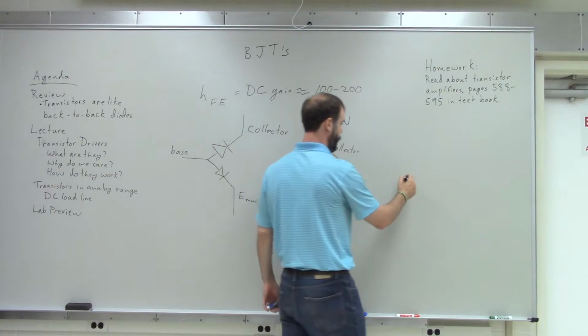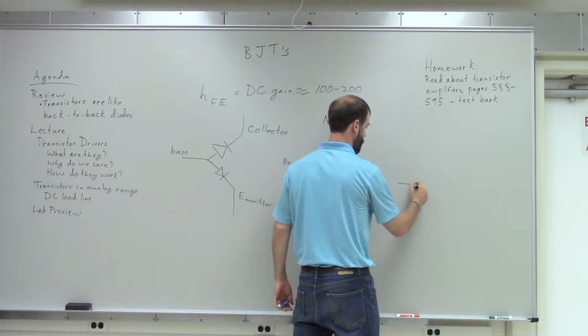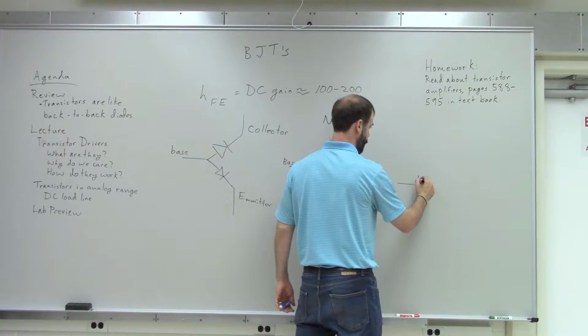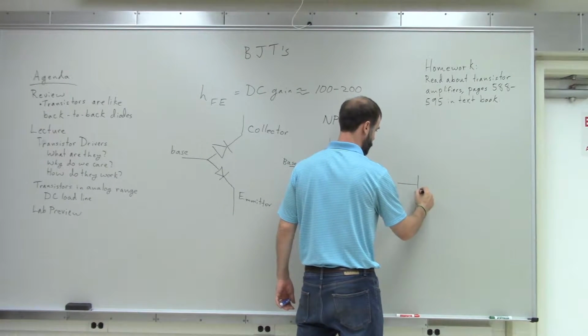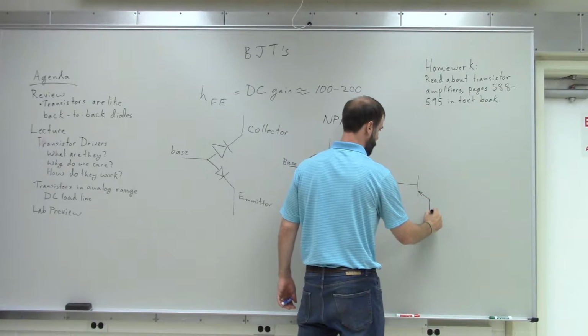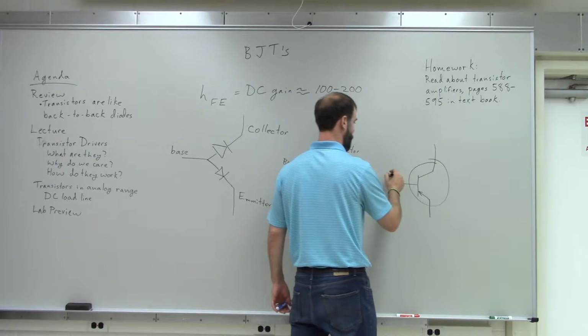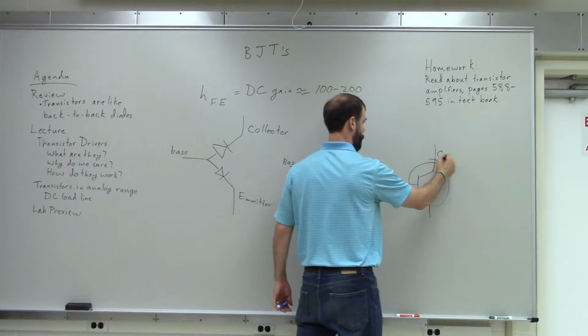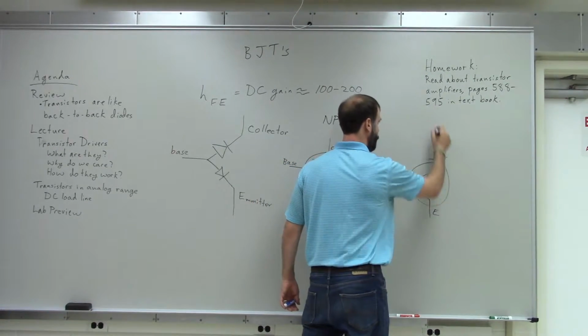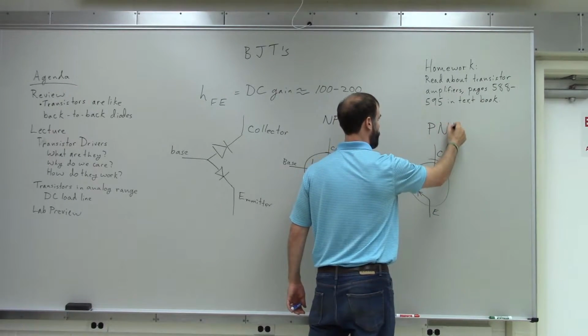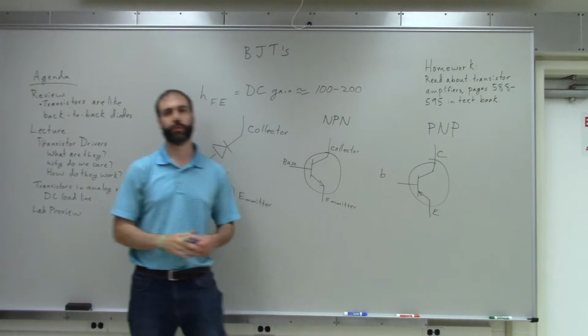If we were to draw the PNP symbol for that, it looks like this. Again, this is the base, collector, and emitter for a PNP transistor.